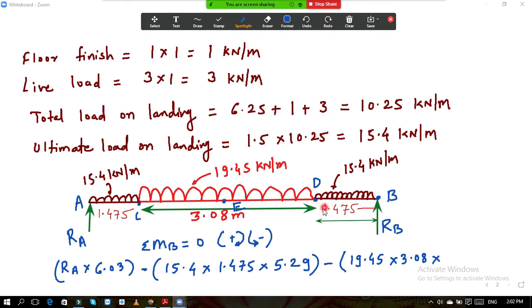It is 1.475 plus 3.08 by 2, which is 3.015. Okay, so this is the distance. And now lastly this UDL. This is also minus. So I will go to the next page.